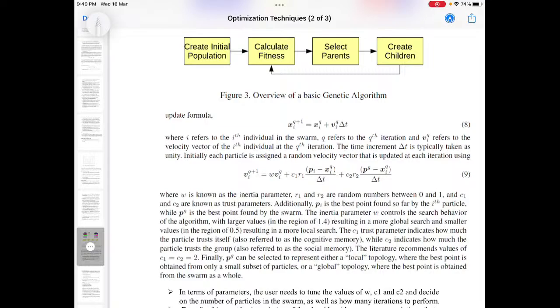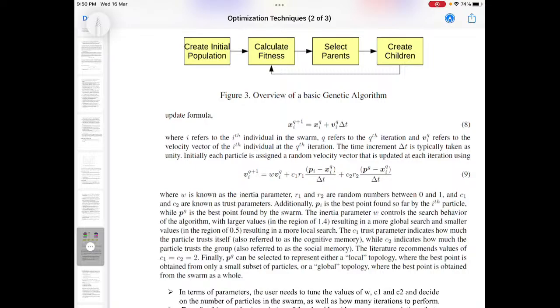C2 indicates how much the particle trusts the group. Suppose the group moves in one direction, the particle decides to move in the same direction, something like bee behavior. If a group of bees moves in a particular direction, whatever bee follows will move in the same direction. The literature recommends the values C1 equal to C2 equal to 2.